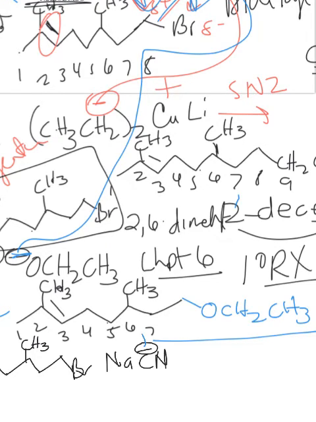And you're going to have the cyanide do an SN2 backside attack. Your bromine's going to be a leaving group. And that's carbon number 2, 3, 4, 5, 6, 7, 8. And then on carbon 8 you have the cyanide, CN. That's your new bond right there.